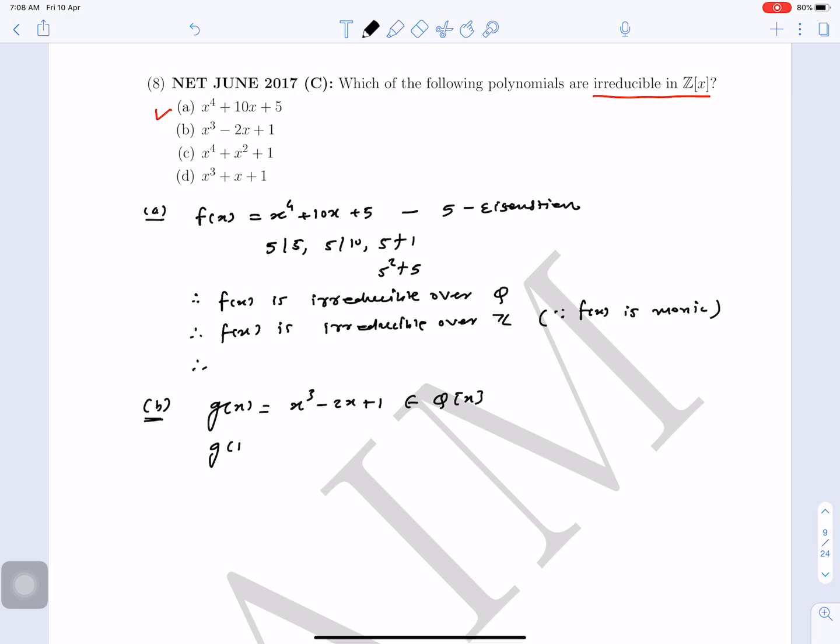Now by inspection, g(1) is what? 1 minus 2 plus 1, it is equal to 0. So therefore g(x) has a zero in Q, and degree of g(x) is equal to 3.